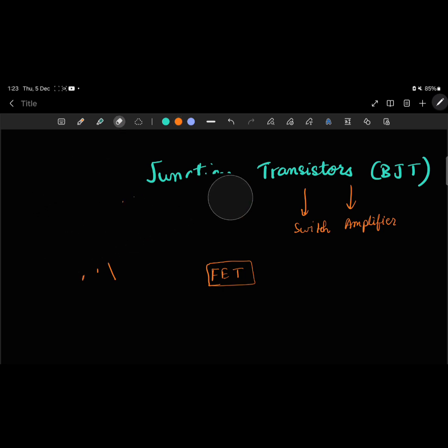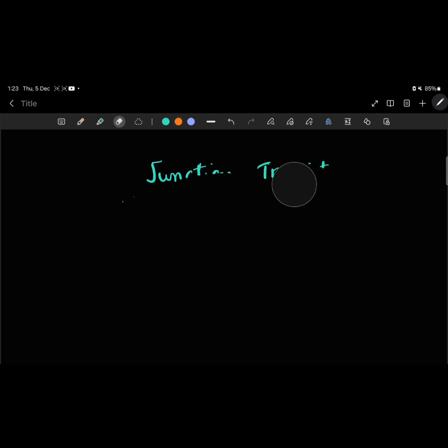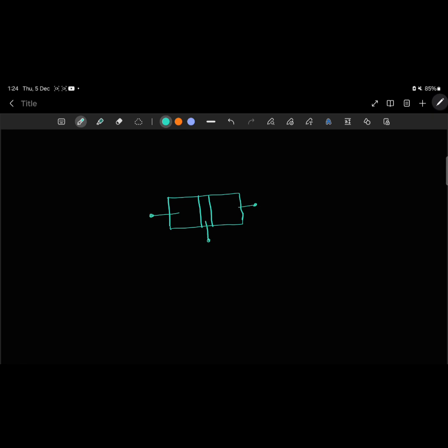Let's move on to the basic structure of the BJT. So basically, a BJT comprises three different doped regions. They are semiconductors, obviously. These three regions are termed the emitter, the base, and the collector.